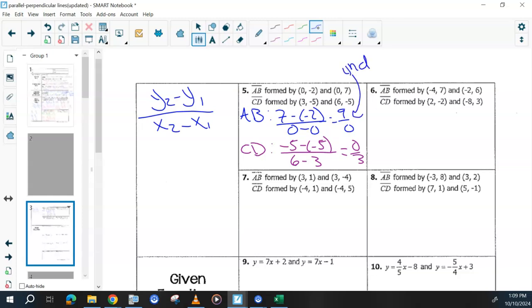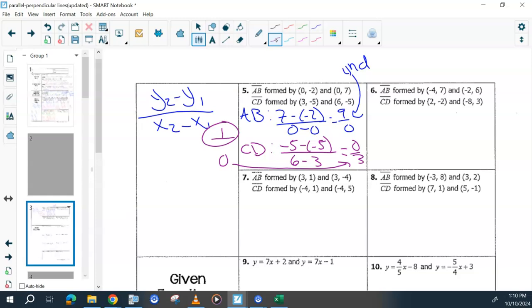And then what about 0/3? It's not undefined. It would just be 0. And 0 and undefined are parallel, perpendicular, or neither? Perpendicular. Yes. Because that's going to be the case that trips you up every single time. So remember that those are perpendicular.